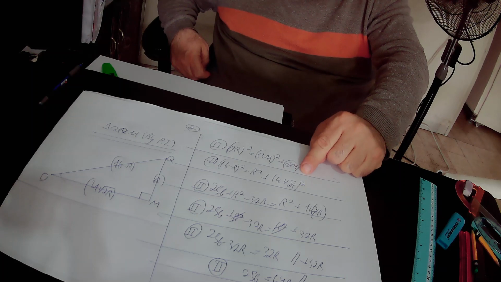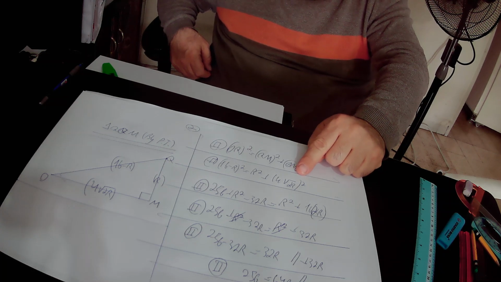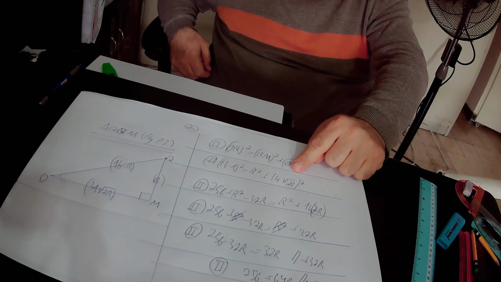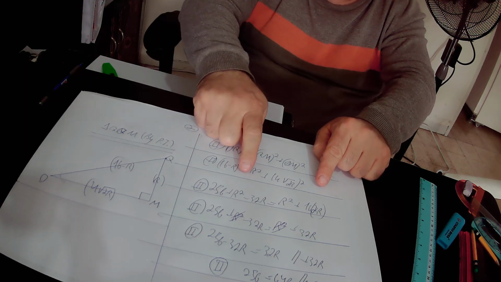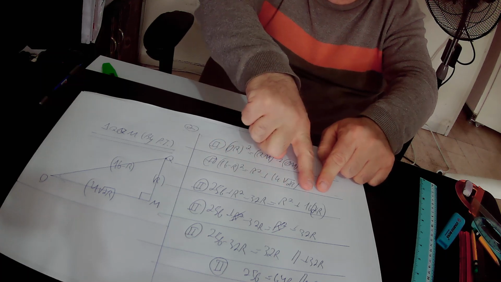Here the power cancels the root, and we are left only with 2R. So this expression in total equals 16 times 2R, and 16 times 2R is 32R.